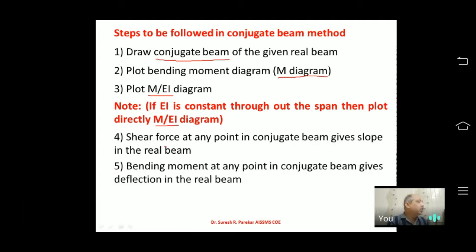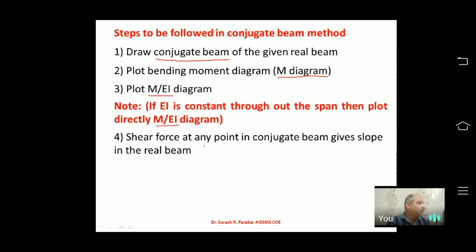Then we have shear force at any point. Now this is important: shear force at any point will give you slope. So if I calculate shear force at any point, but where? In the conjugate beam.